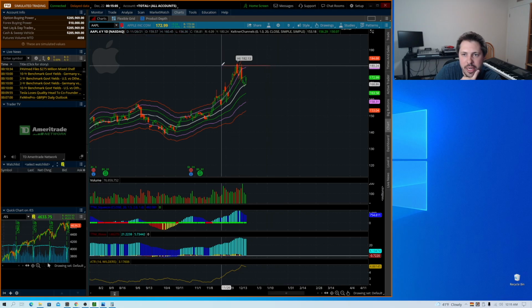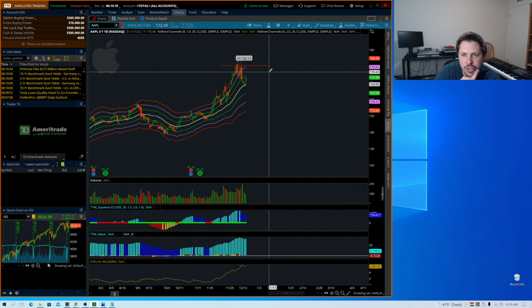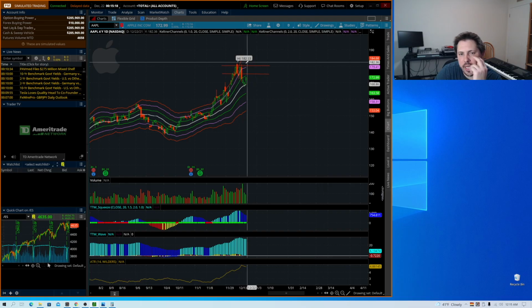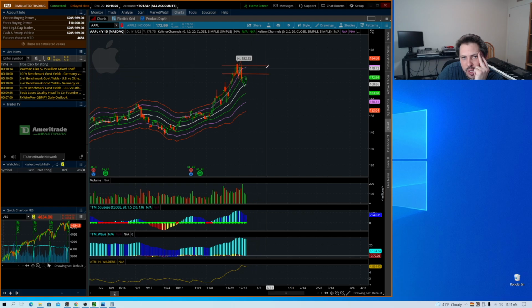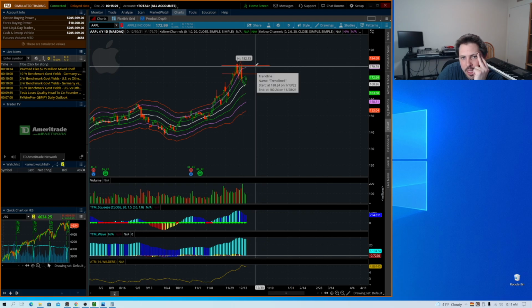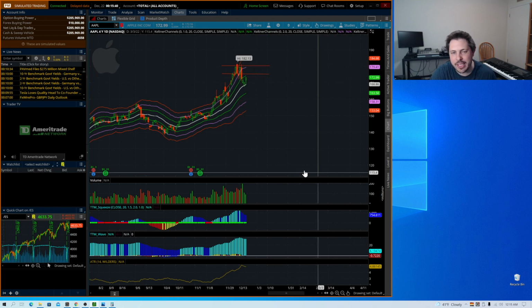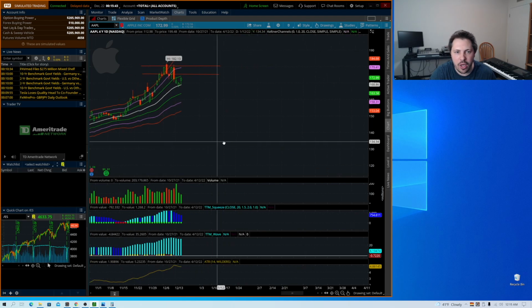Here's basically 180, and then here is basically 175. Again, we sold this in the money put credit spread, anticipating Apple moving above this, where both of these expire worthless. And now what we do is we keep that credit.